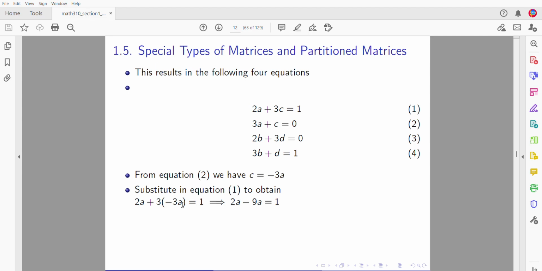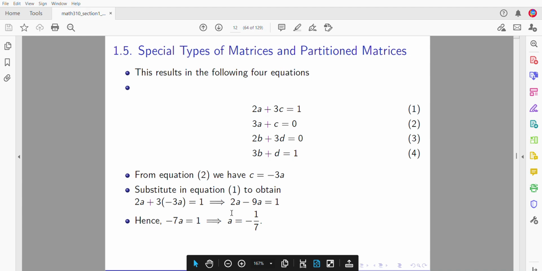That tells me 2a minus 9a, which is negative 7a, is 1. So a is negative 1/7. So we found a. Now that we found a, we can find c. c is negative 3 times a, so it's positive 3/7. So we have found a and c using equations 1 and 3.